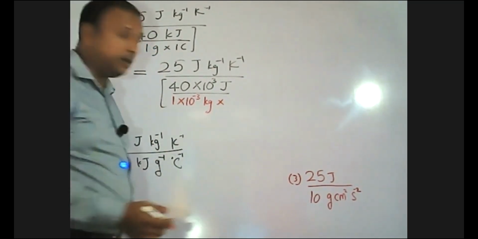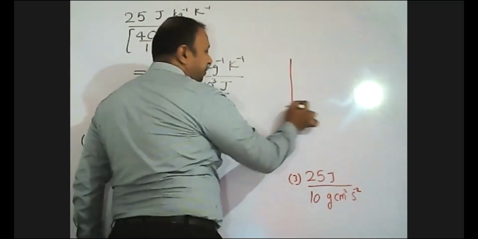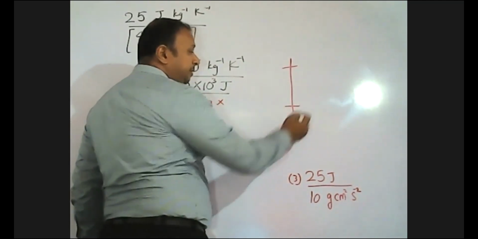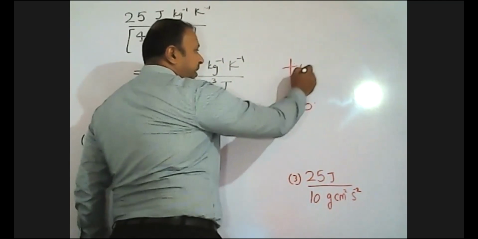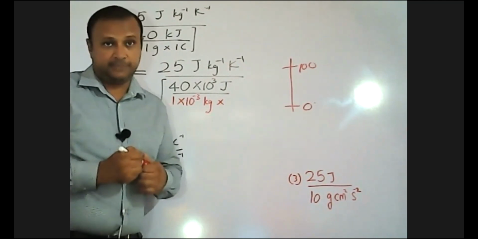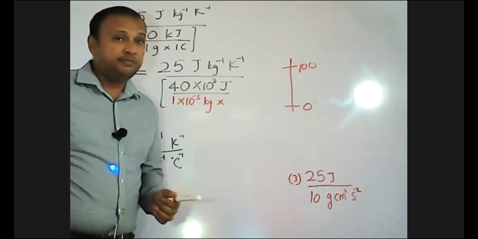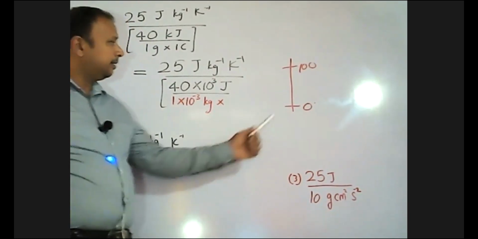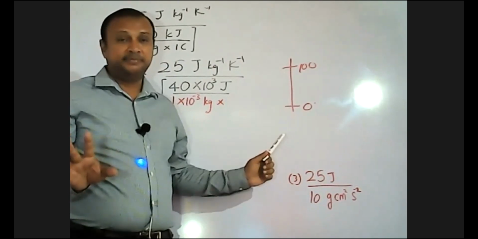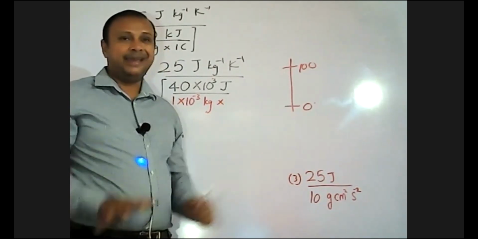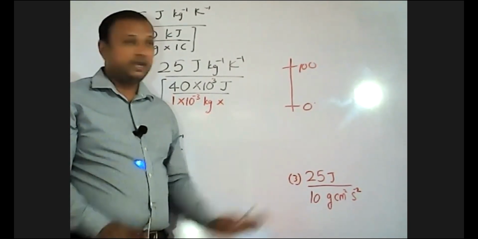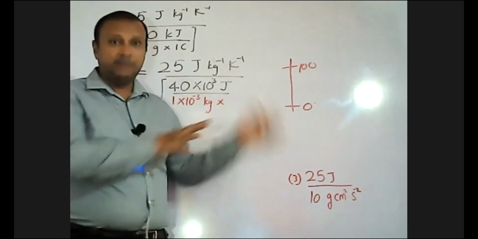For example, if I want to take the temperature difference between the melting point of ice and the vaporization point of water, that should be the same, because ice melts at the freezing point of water, and water vaporizes at the boiling point of water.